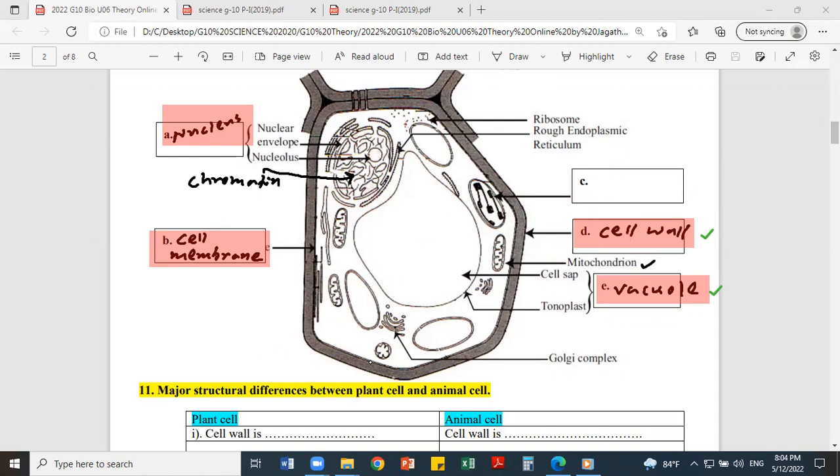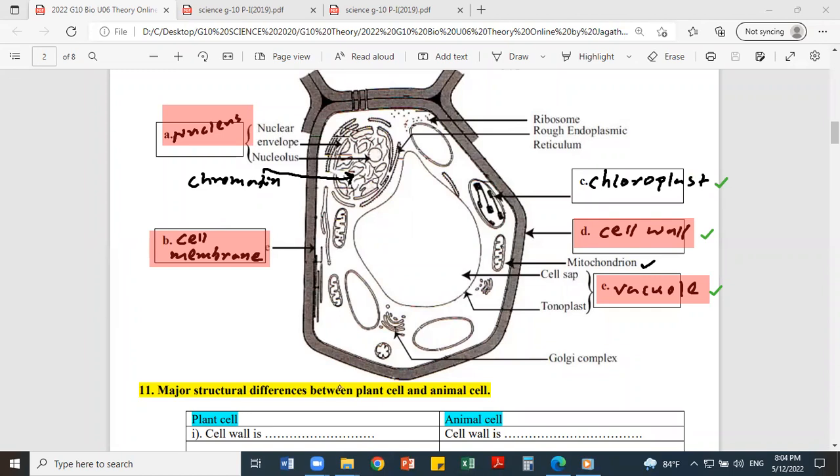Mostly in the exam students mix these up, because they are very close in structure and you can't distinguish them easily. Some students get confused between the mitochondria and chloroplast. So C will be chloroplast, not mitochondria, and it is present only in the plant cell.